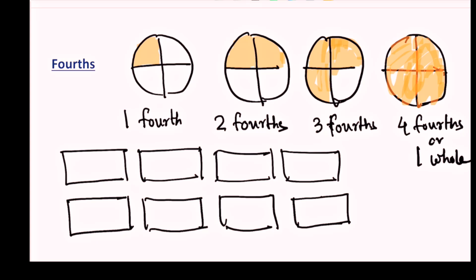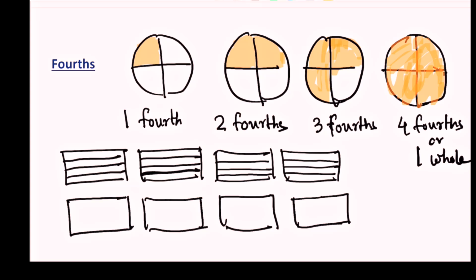In my next picture, I draw two rows of four rectangles. The first row, each of the rectangles, I'm going to divide into four equal parts by making horizontal lines. If I make three horizontal lines, then the whole rectangle is divided into four equal parts.